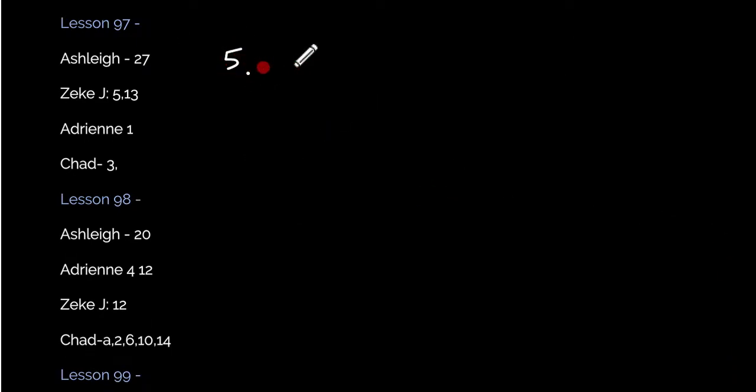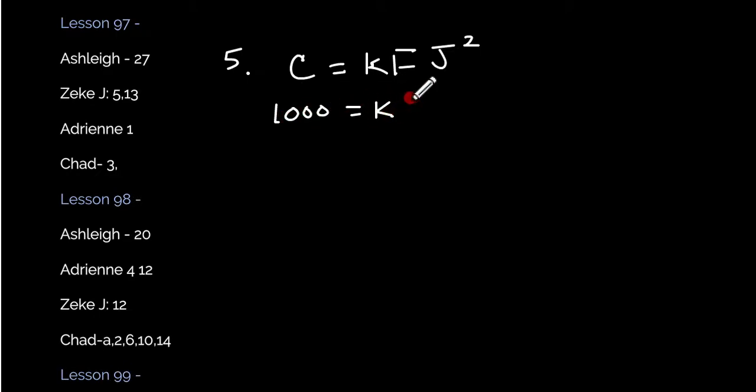Number 5. Number 5 was cheers vary jointly as fans and the square of the jubilation factor. So we're going to have our constant of proportionality if you're going to do it this way. You're just going to basically plug everything in. We have 1,000 cheers. We don't know what K is. F is 100.